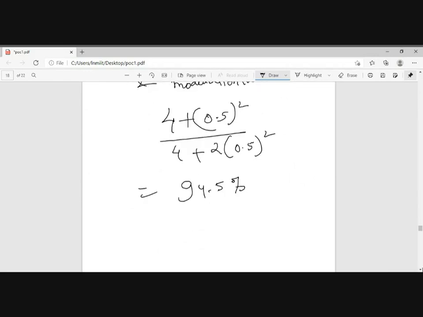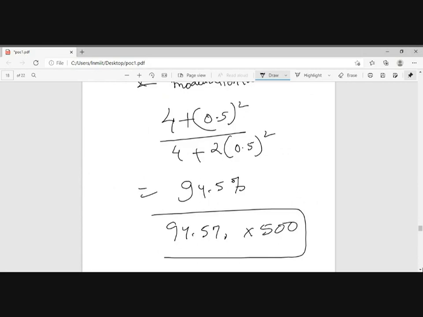You just have to multiply this 94.5% by 500, and you will get your answer in watts.